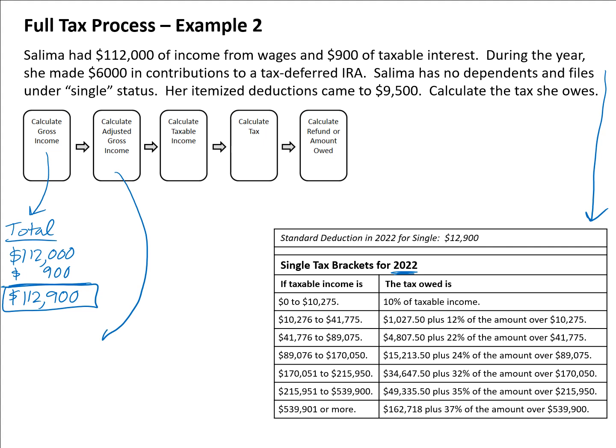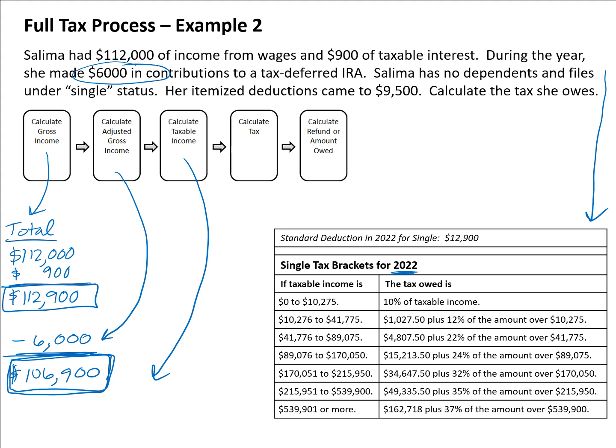Next, we're going to adjust that based on this $6,000 she made in contributions to her IRA. So we can simply subtract $6,000 from her gross income. That will give her an adjusted income of $106,900. So there's her adjusted gross income.